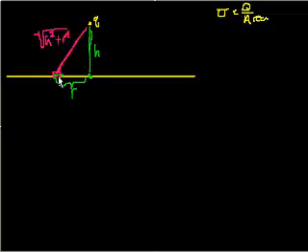So that's the distance between this area and our test charge. And let's get a little bit of intuition. If this is a positive test charge, and if this plate is positively charged, the force from just this area on the charge is going to be radially outward from this area. So it's going to go in that direction.